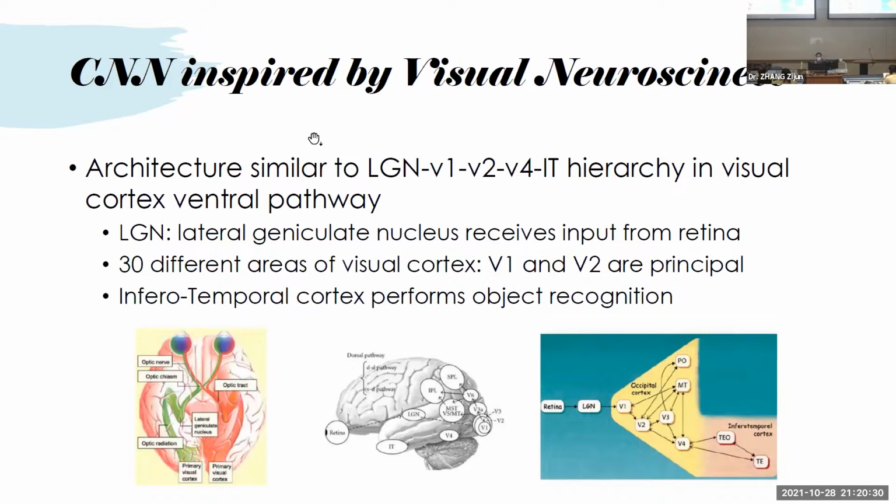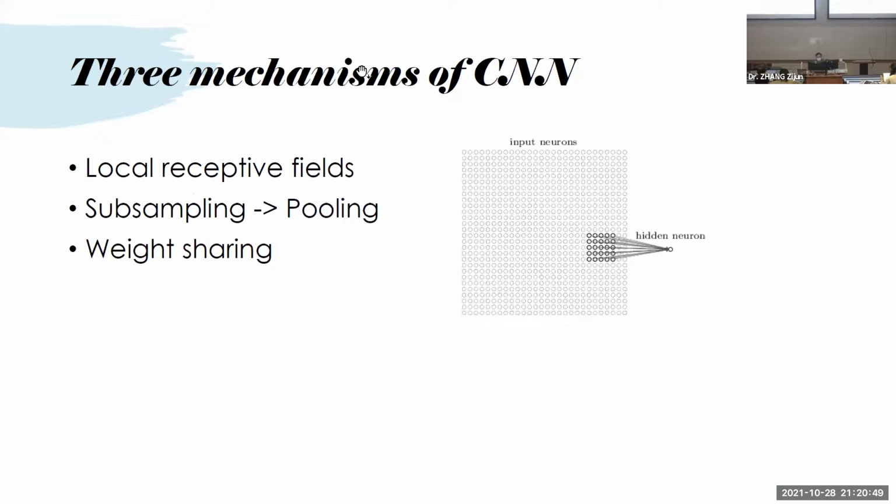So this is CNN inspired by visual neuroscience. It's like the human visual pathway: first the retina and LGN, then V1, V2, V3, a kind of biological process. From the machine processing side, there are 3 mechanisms of CNN.